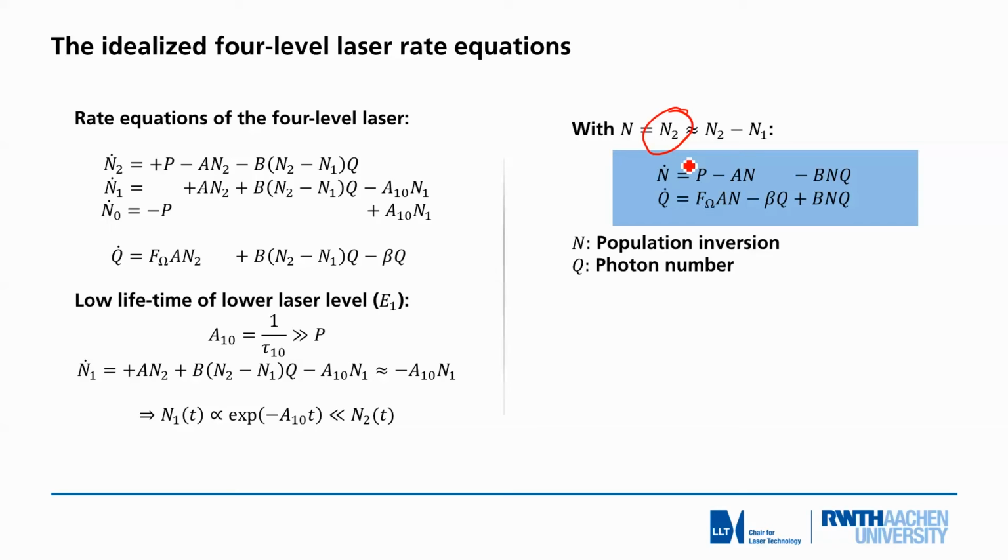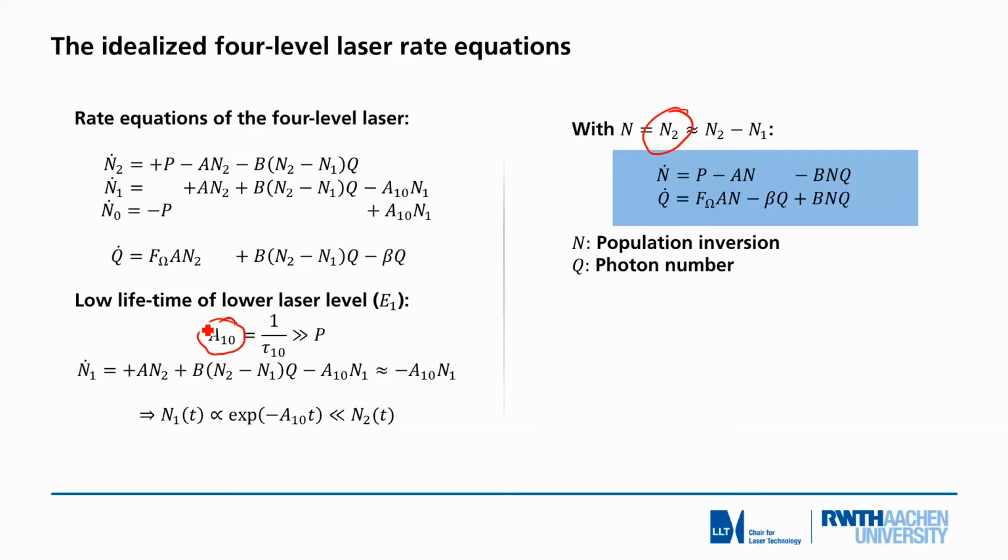Also, if we look at the ground state, then the ground state population, which basically comes from spontaneous emission from the lower laser level, usually is large compared to the pump rate, so we have a very quick depopulation of the lower laser level and then a corresponding pumping out of that ground state.